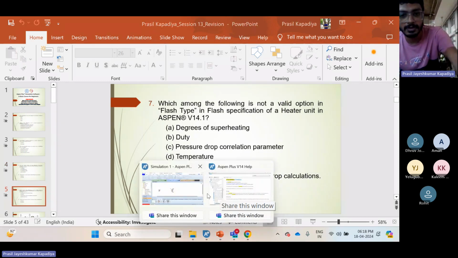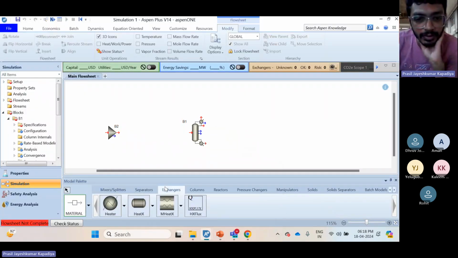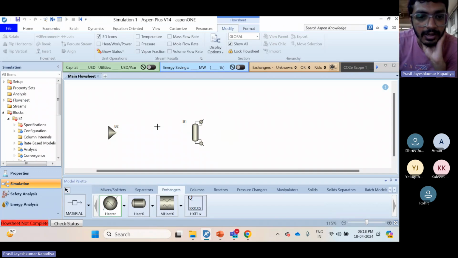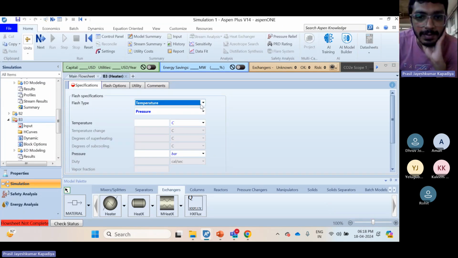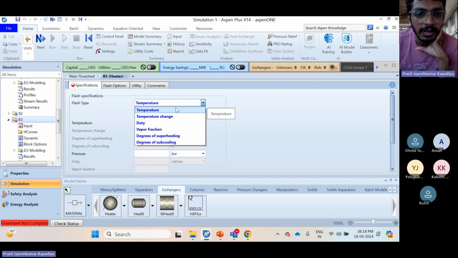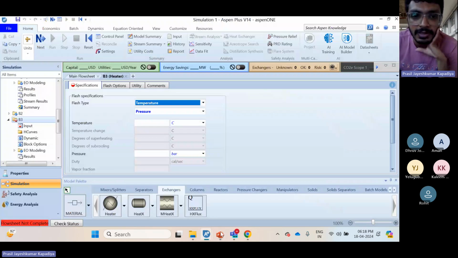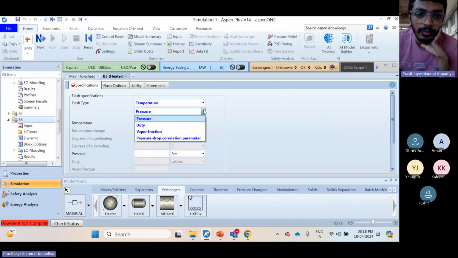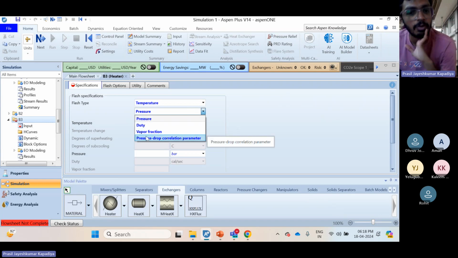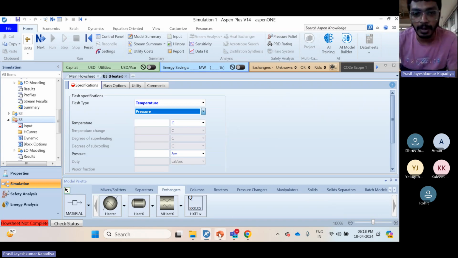If we go to the Aspen window and go for exchanger, let's say I'm using this heater, and I go to flash type. In set of temperature, we have temperature, duty and degree of superheating. Then in pressure, we have pressure, duty, vapor fraction and pressure drop correlation parameter.